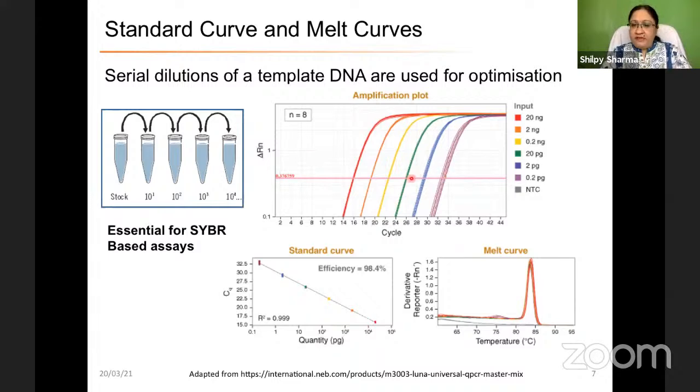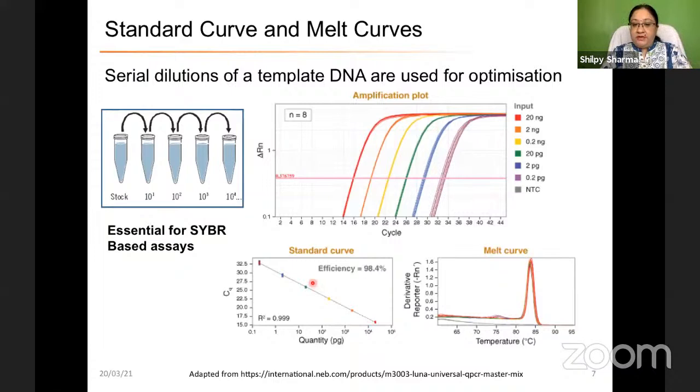Now you're going to plot these cycle numbers onto your standard curve, where you're going to plot the quantity of the DNA that you've used on the x-axis, and the y-axis contains your CQ values. Now you should get a distribution like this. And if you get a distribution like this, these are your perfect conditions.